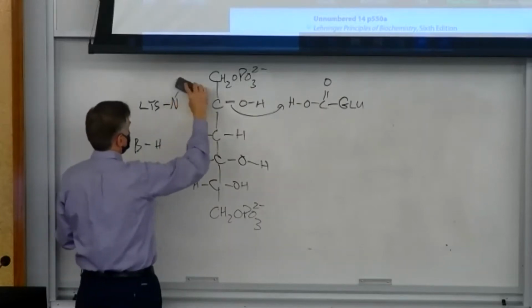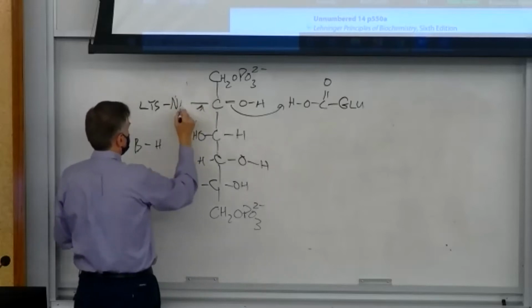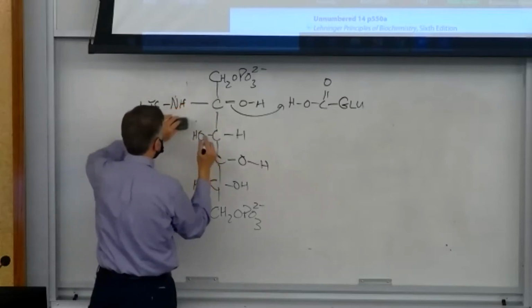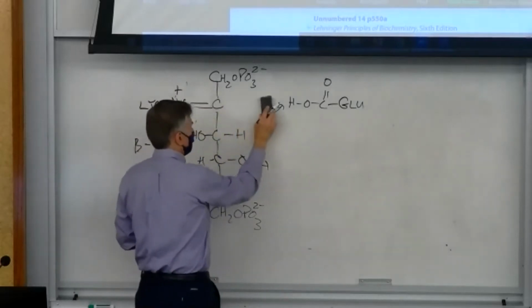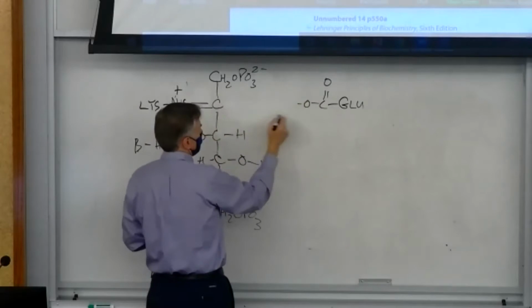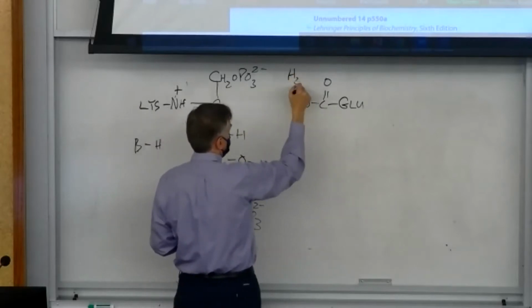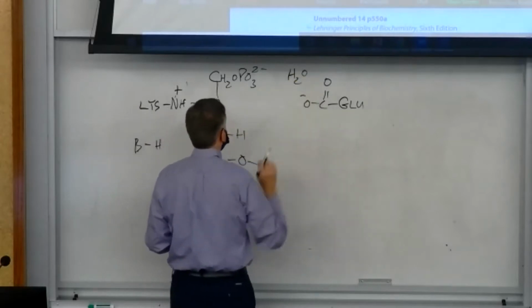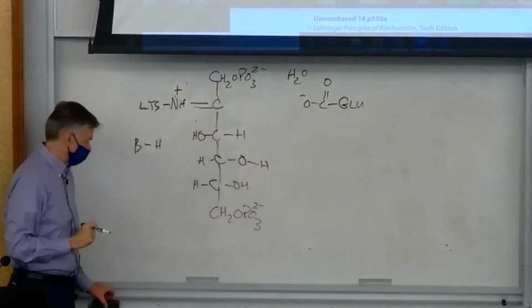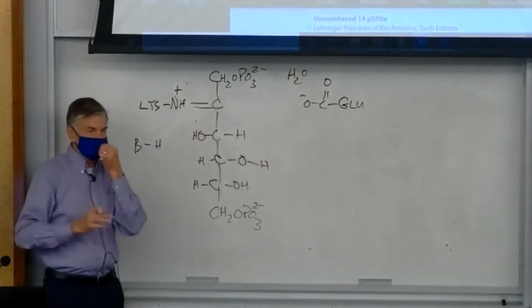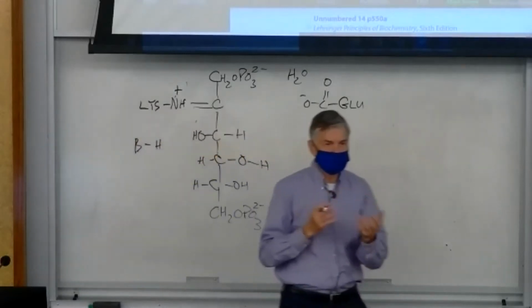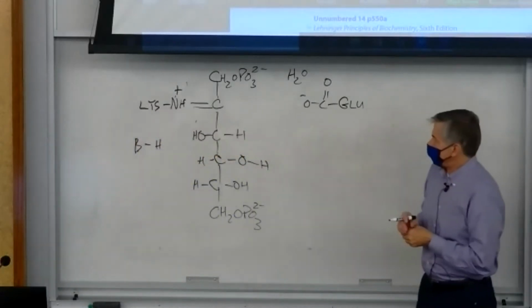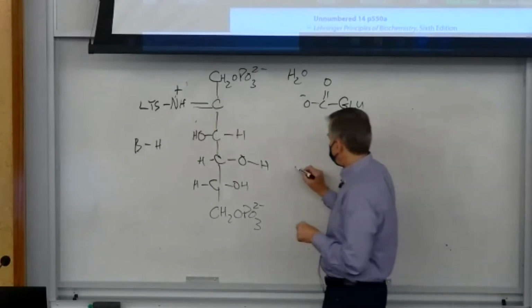This is going to form a double bond to this carbon. This is an imine. This hydroxyl will come off, pick up a proton and become water, and we're left with this negatively charged species. Okay, this is just binding the substrate. This reaction is a spontaneous kind of reaction, but now the work begins.